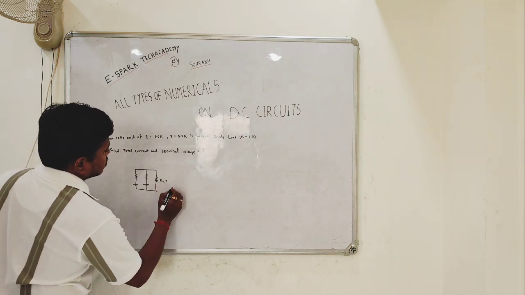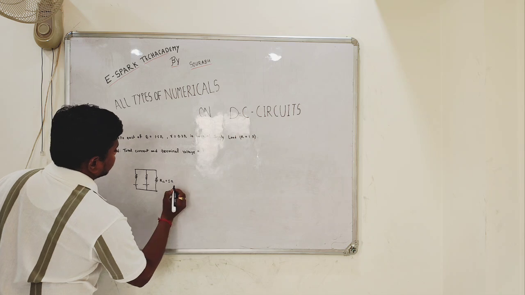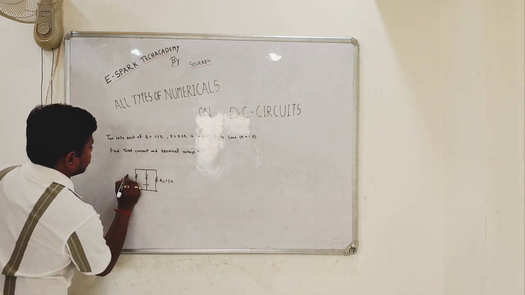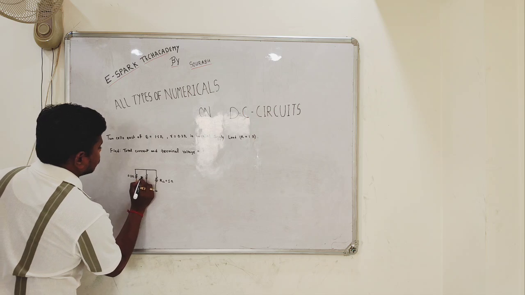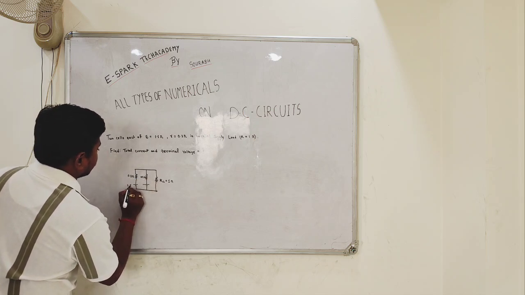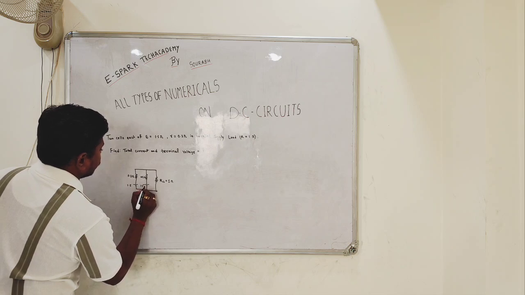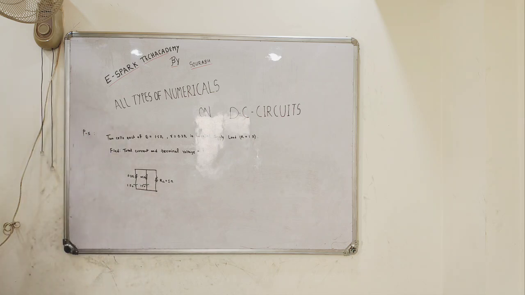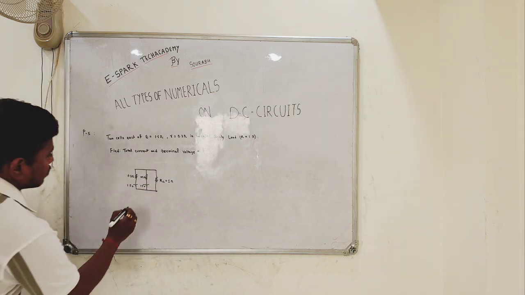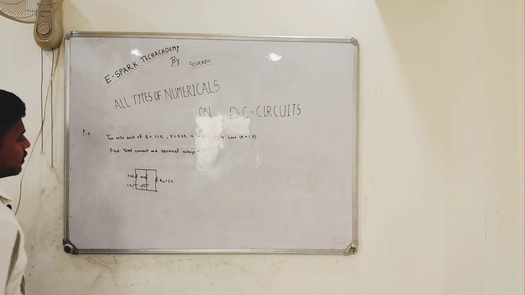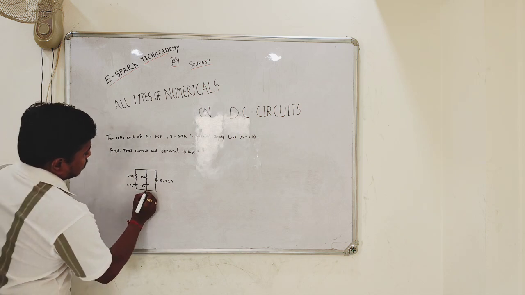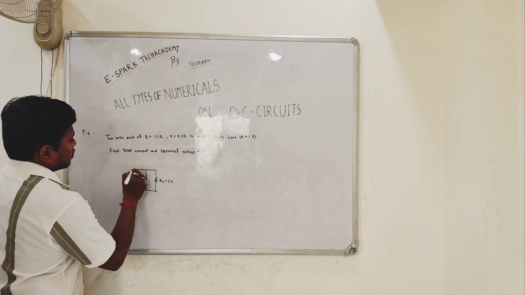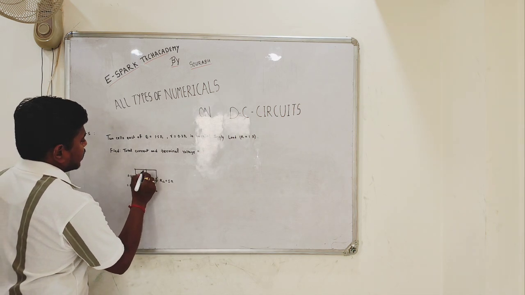This is the load resistance, which is 1 ohm, already given. This is the internal resistance, which is given as 0.3 ohm, and this is also 0.3 ohm. And here the voltages are 1.5 volt and 1.5 volt. As shown in the figure, you will come across these two sets.